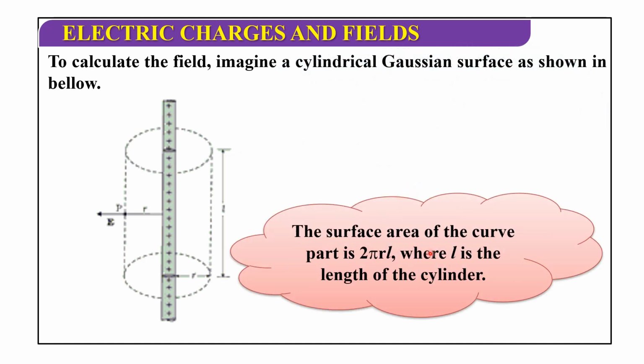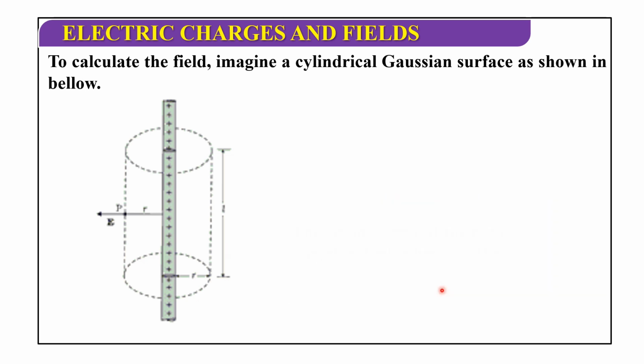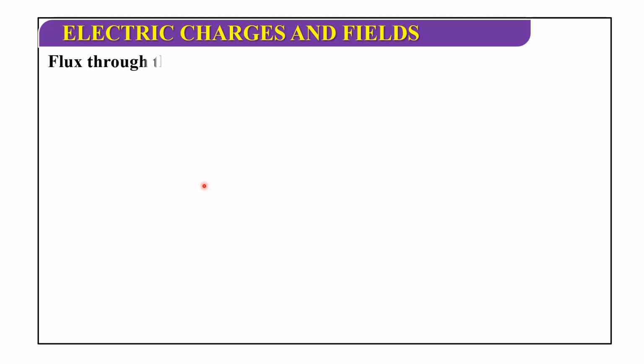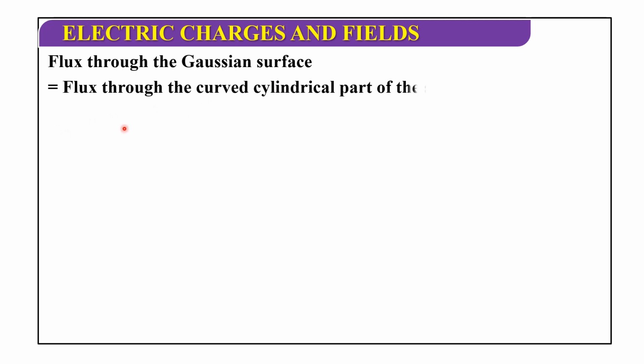So the surface area of the curved part is 2 pi r L, where L is the length of the cylinder. Flux through the Gaussian surface is equal to flux through the curved cylindrical part of the surface.